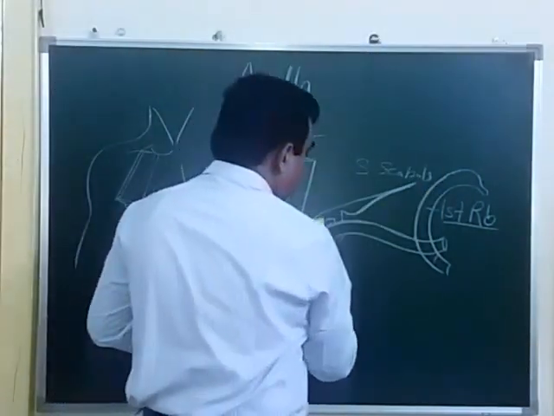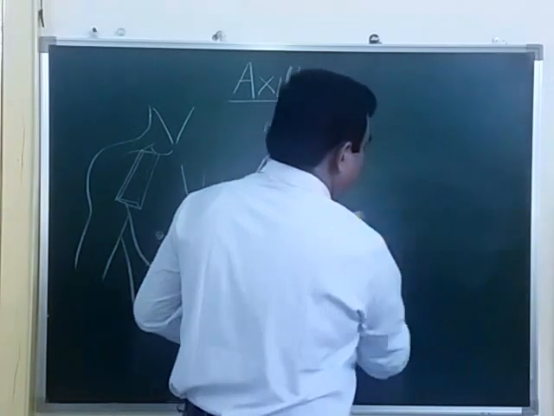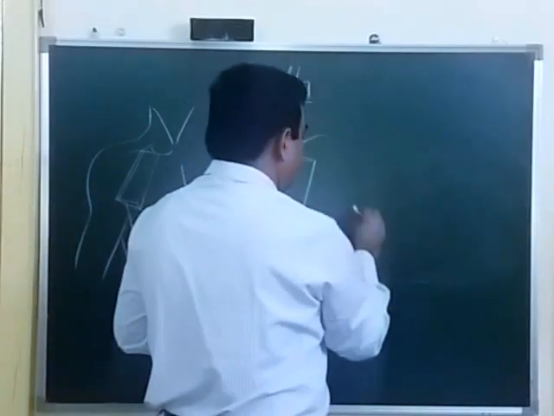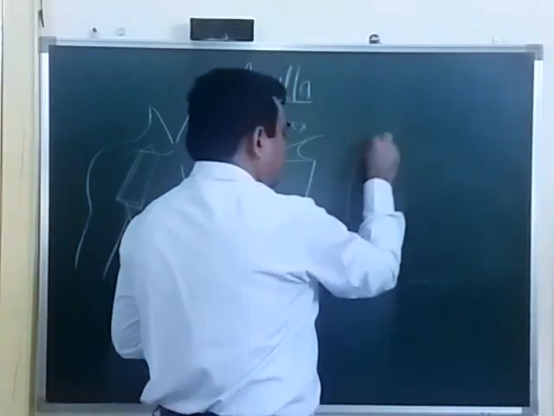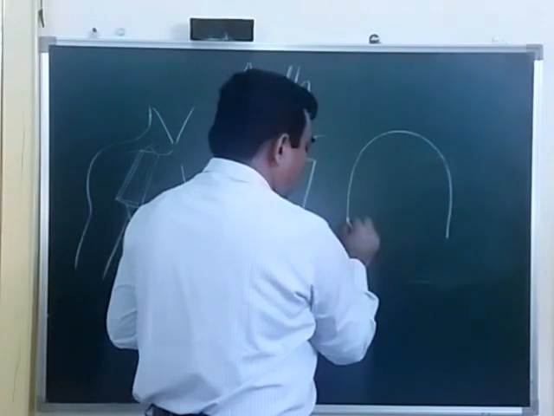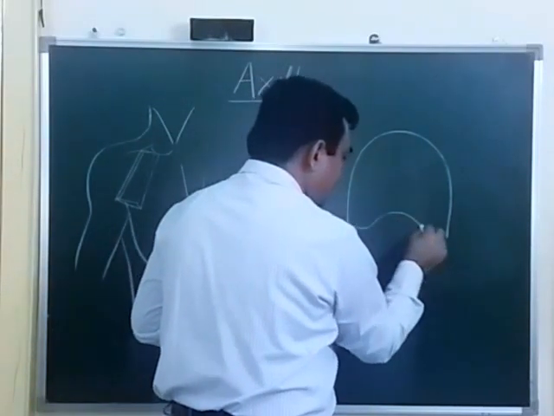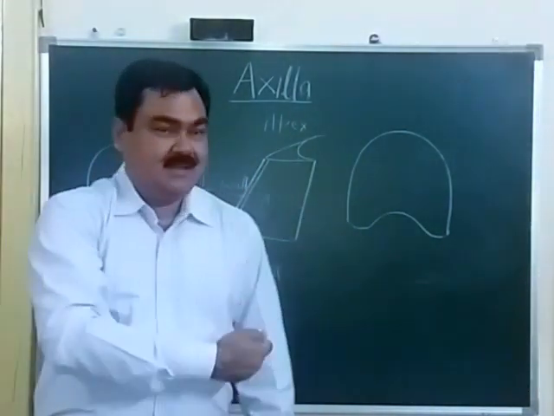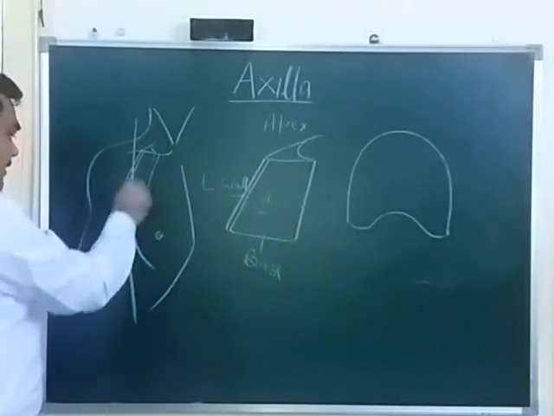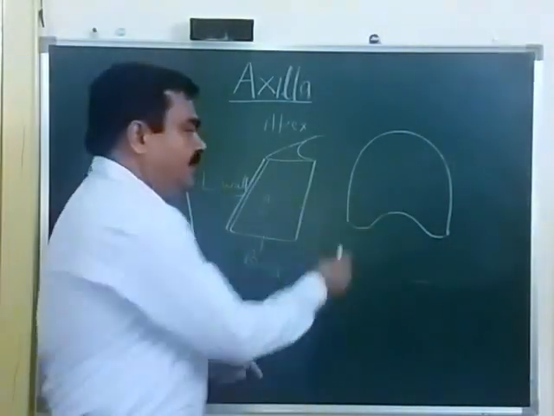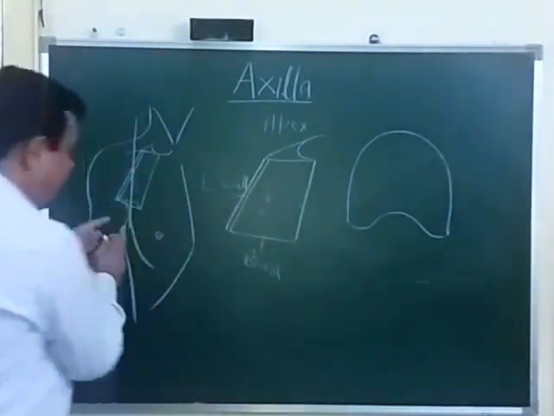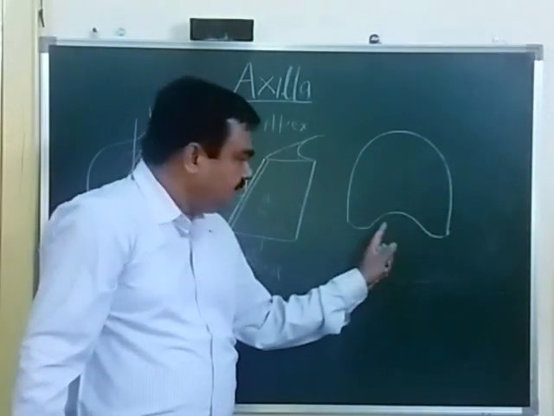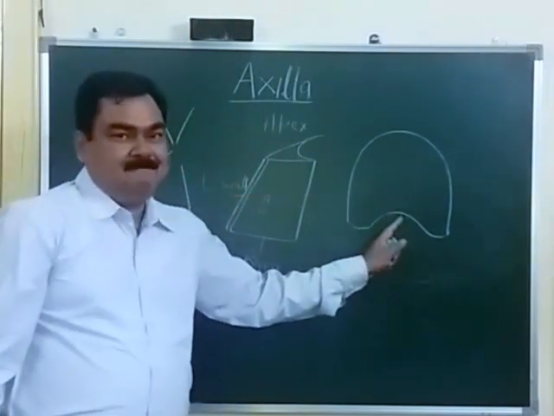The base is formed by, if you cut a parasagittal section at this level, you will find here is anterior axillary fold, here is posterior axillary fold, and this is pit of the axilla.